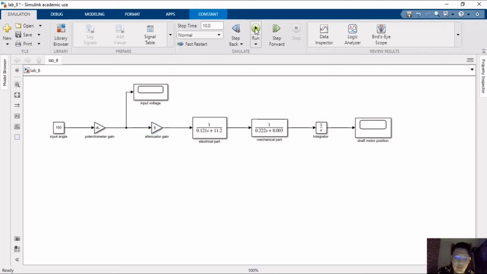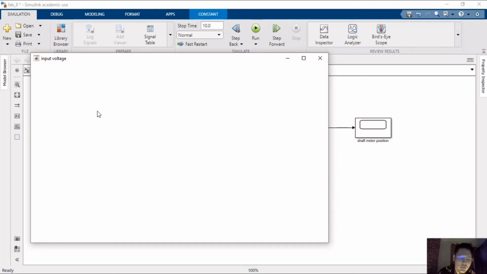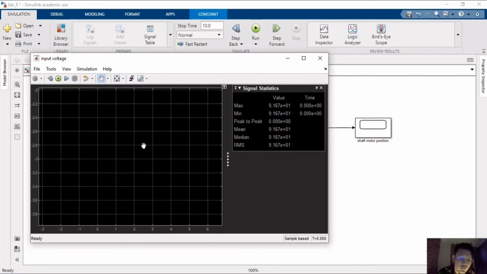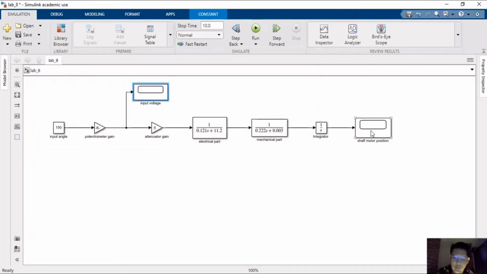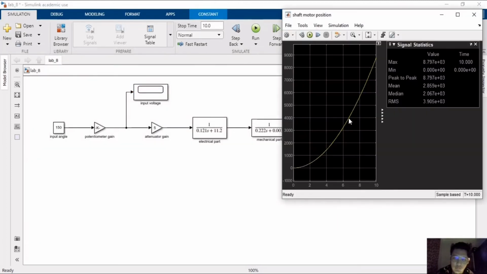Then I will run the simulation. As we can see here, the input voltage is 9.167, a positive value, and for the shaft motor position we get 8.797.